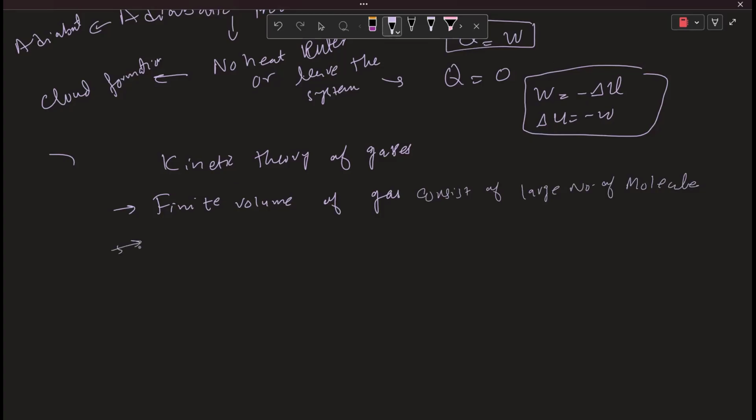The second point is that the size of a molecule is much smaller than the separation between the molecules.